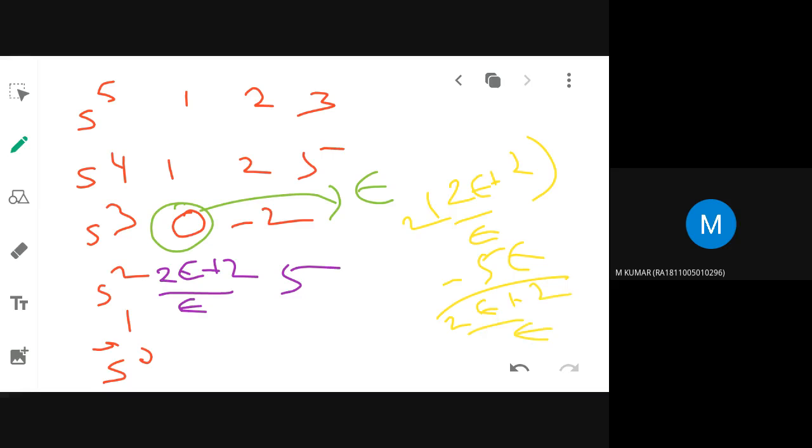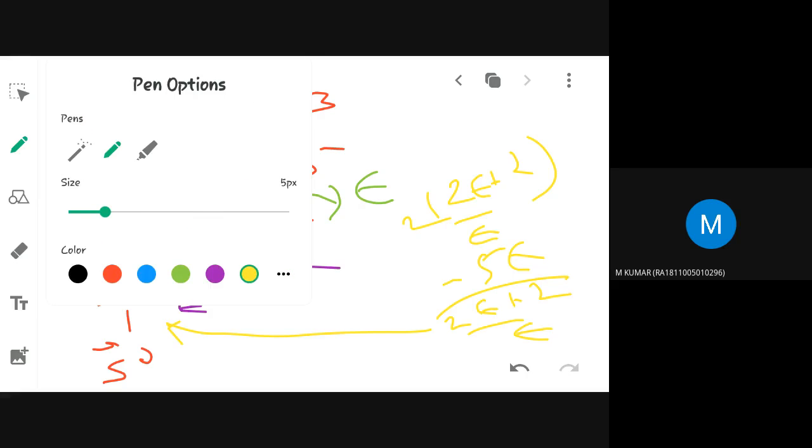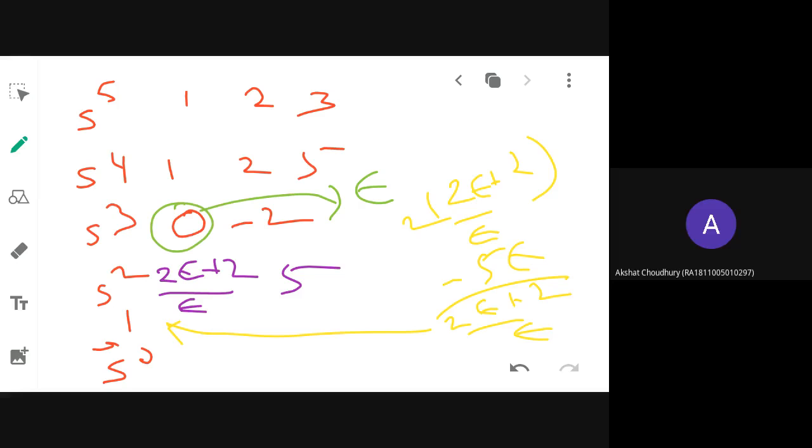You have to multiply it fully, then only it will be easy for further simplification when you are substituting epsilon back to 0. Okay, what about S to the power 0? Last one. 5.